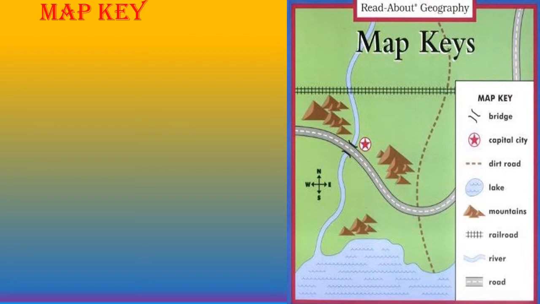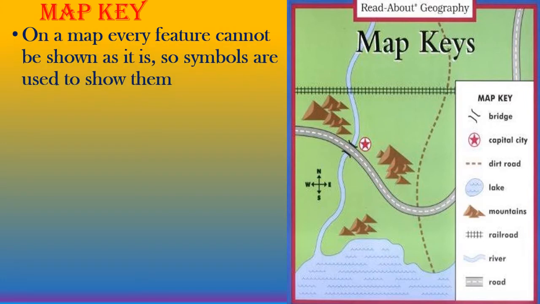It gives you the information needed for the map to make sense. On a map, every feature cannot be shown as it is. So symbols are used to show them. For example, a river is shown as a wavy blue line, or a forest can be shown as a tree.